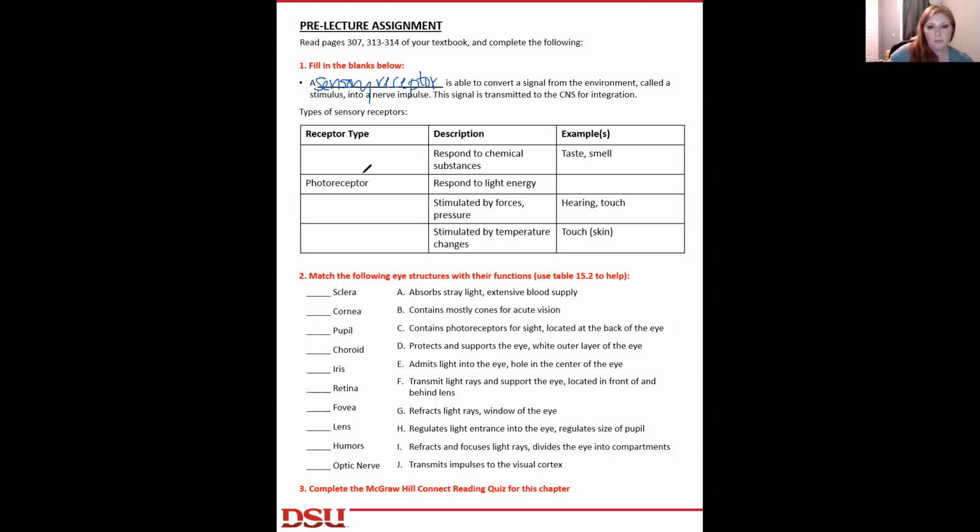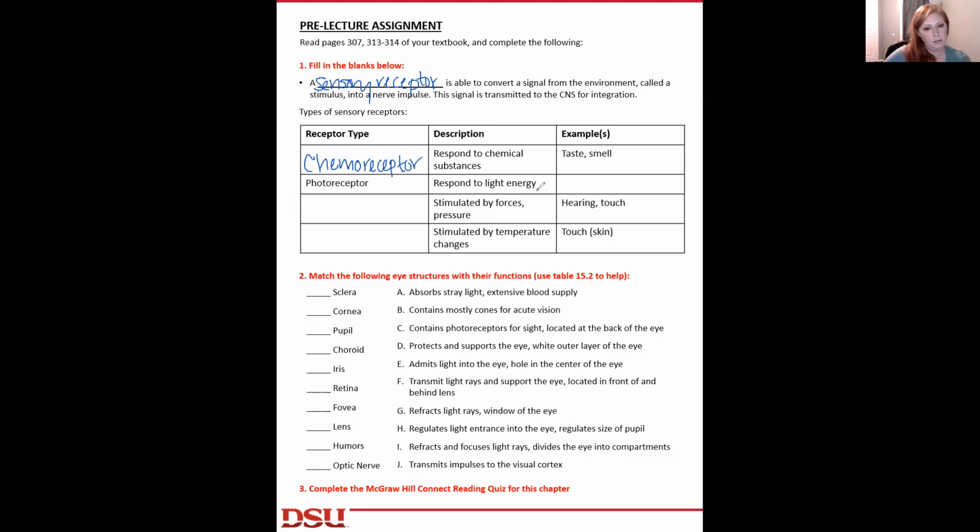Types of sensory receptors. So we have things called chemoreceptors. CHEMO usually means it's something that's chemical based. They respond to chemical substances, examples include taste and smell.